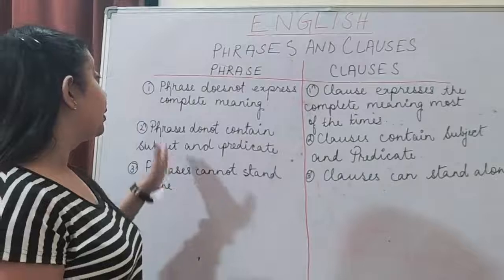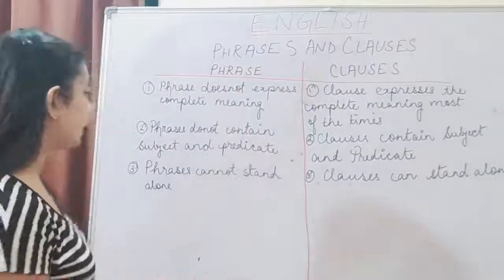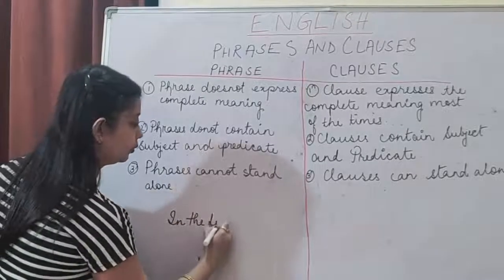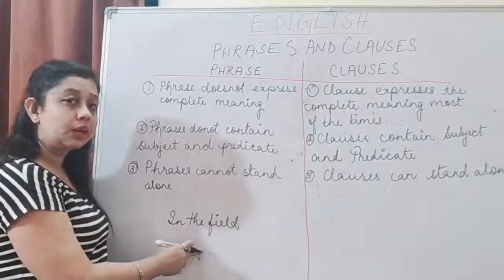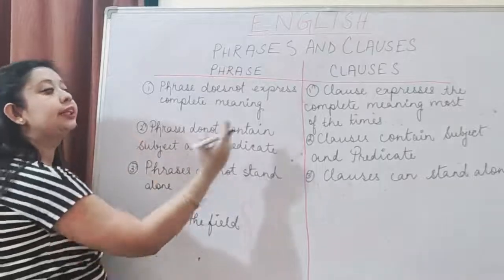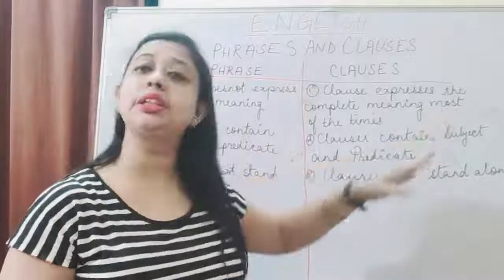Next, number 2. Phrases do not contain subject and predicate. Like when I write in the field, then you neither have a subject here nor a predicate. So, phrases do not contain subject and predicate, whereas clauses contain subject and predicate.